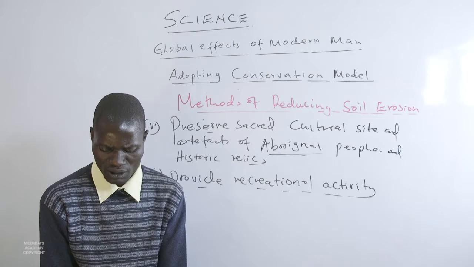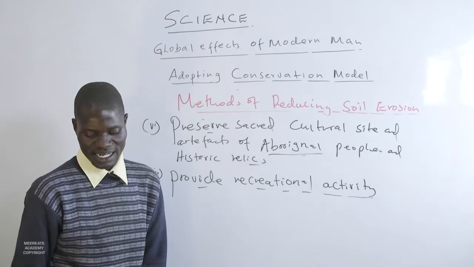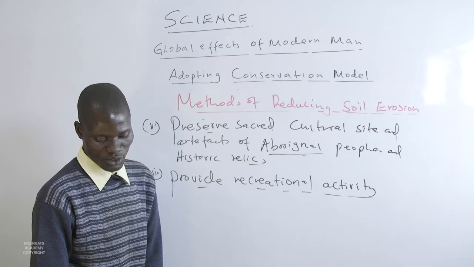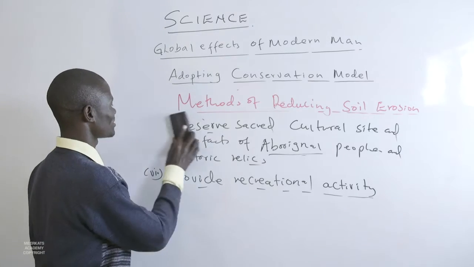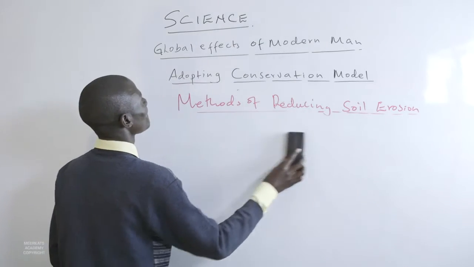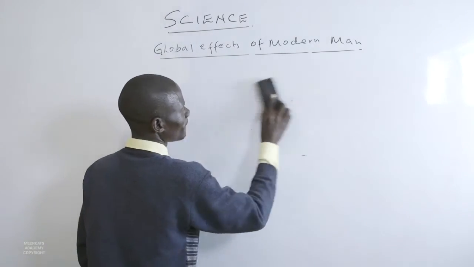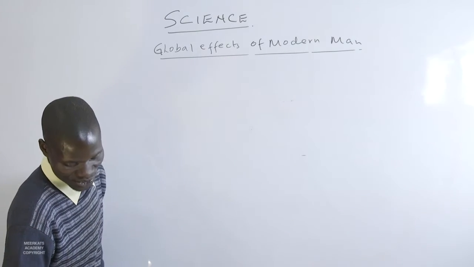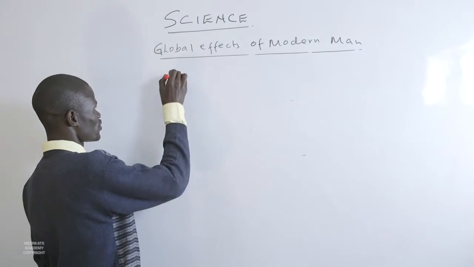Then, when we have been able to look at this, it becomes very important for us to look at the humans in the environment, or the humans in the system.